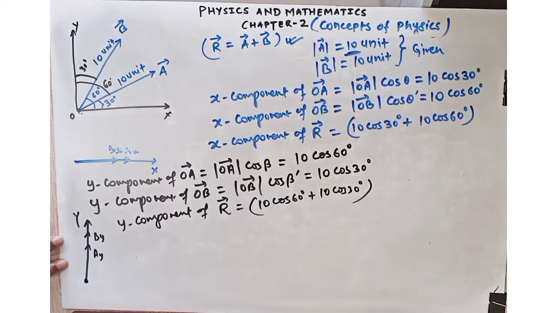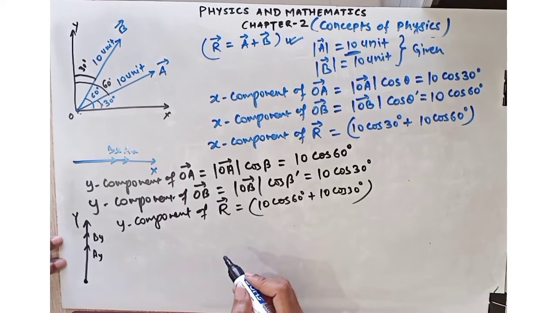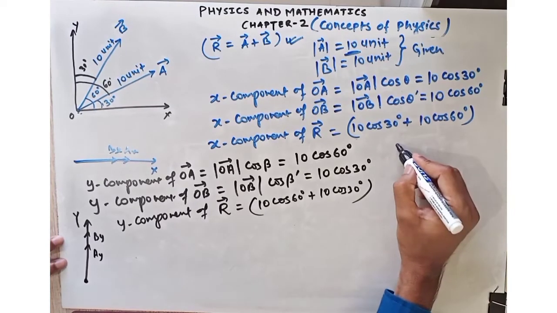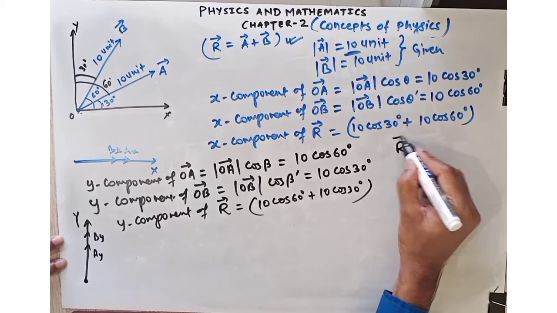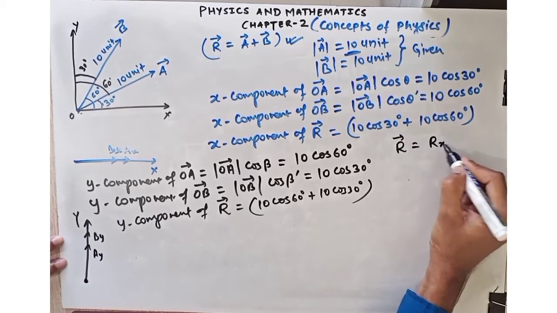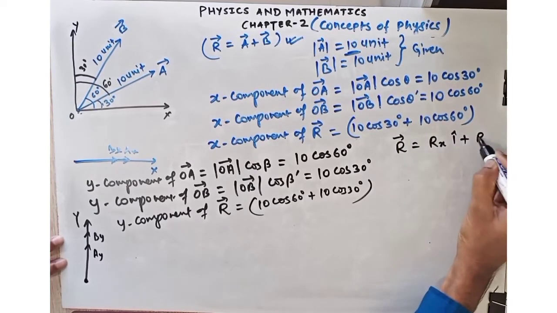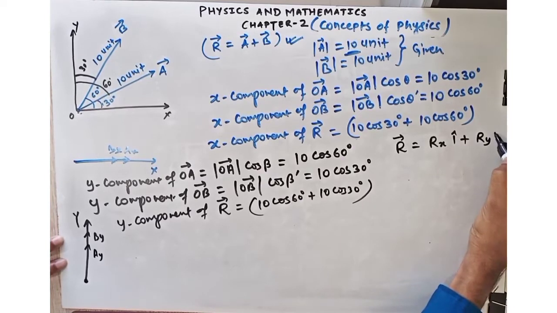Now we know both the components, the x component and the y component. So how can we find the value of the resultant? We can represent vector r as rx in the i direction, ry in unit vector j.